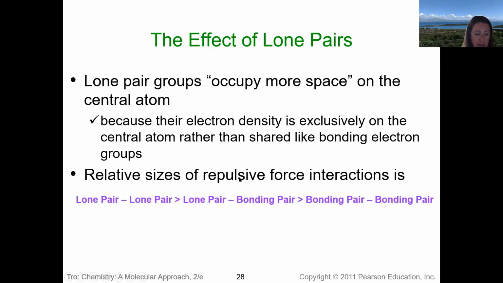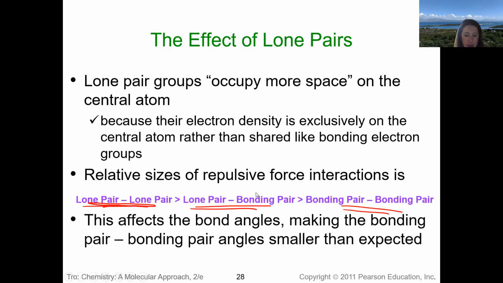So the greatest repulsion is going to be two lone pairs, so we call it lone pair, lone pair. The next one is lone pair, bonding pair, and then bonding pair, bonding pair. This makes the bond angles smaller than we expected.